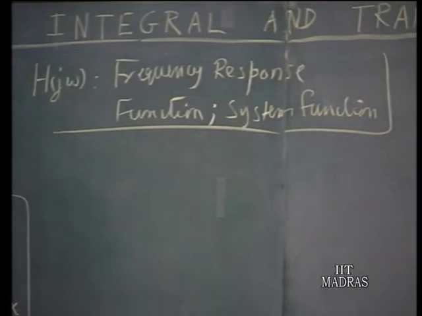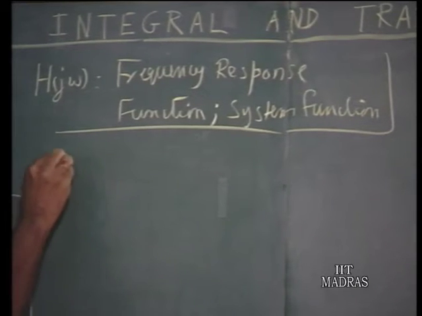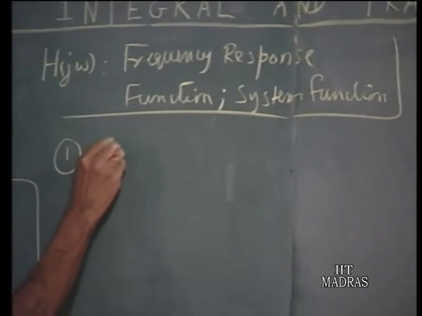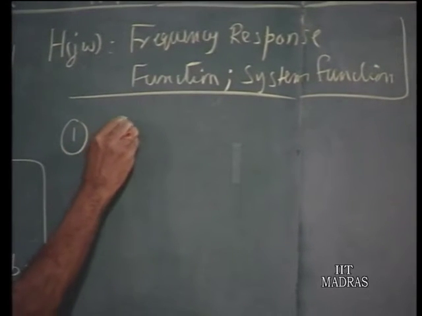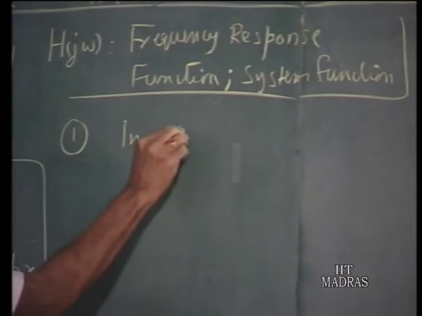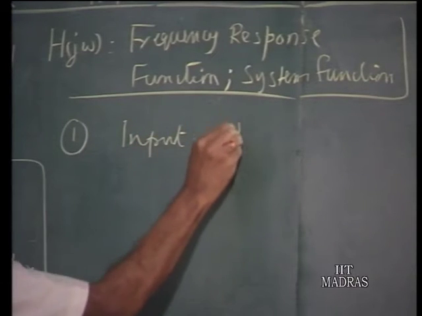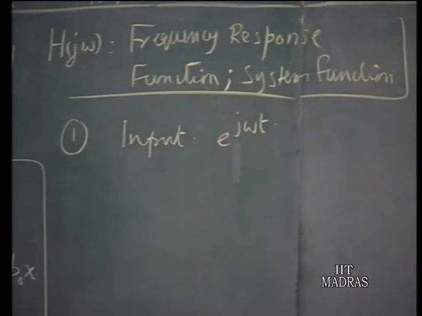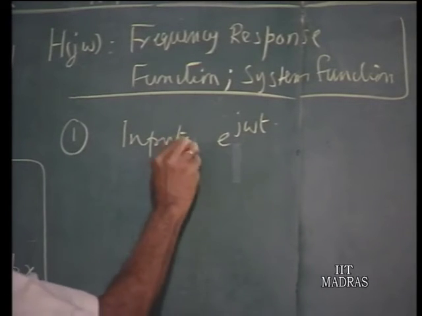Now, let us see the implications of the system function. Suppose the input is e to the power of j omega t, then this is x of t.